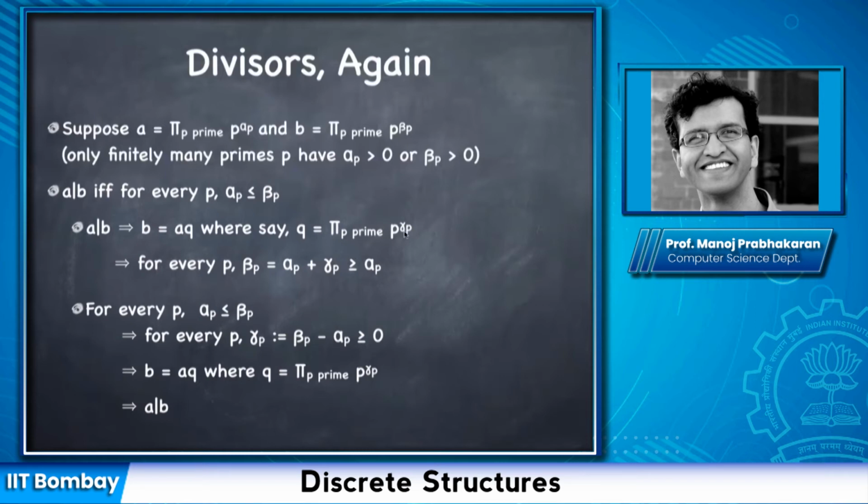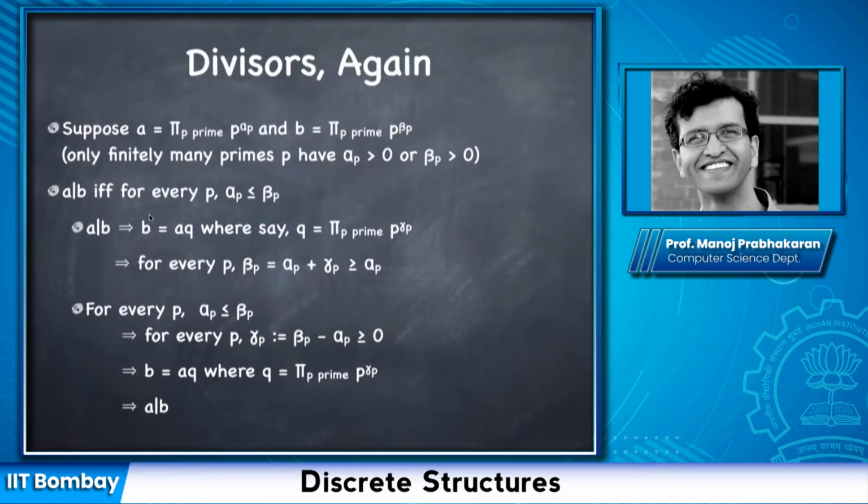So let gamma p denote the exponent of p in the prime factorization of q. And so now we just do some arithmetic to say that, look, if B equals Aq, here every prime p has an exponent beta p, and here it has alpha p and gamma p for the same p. And since this factorization is unique, they have to be the same.